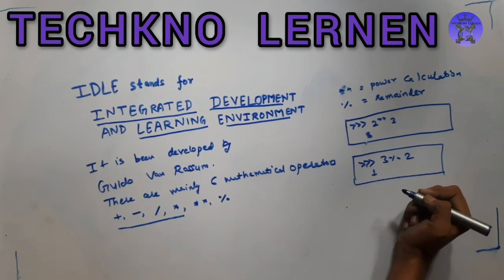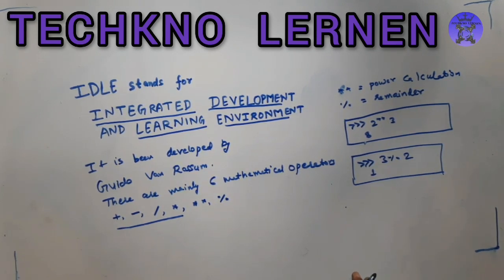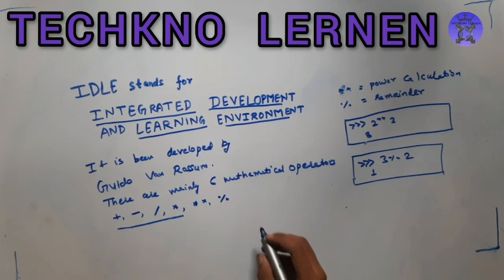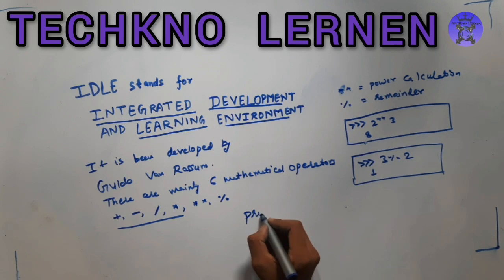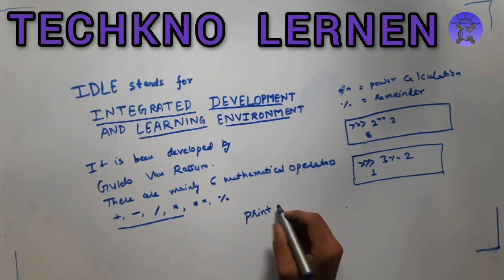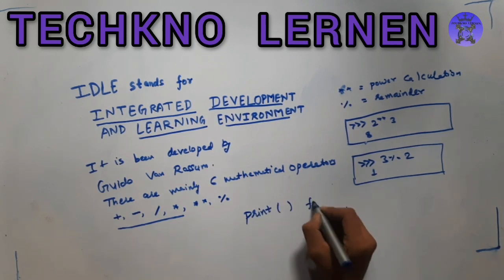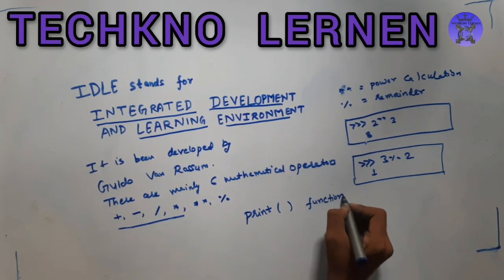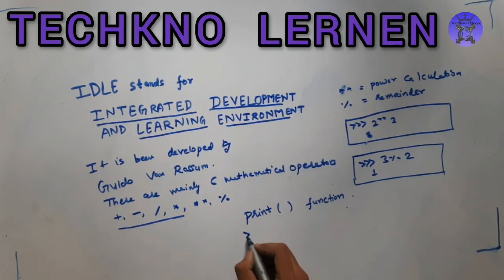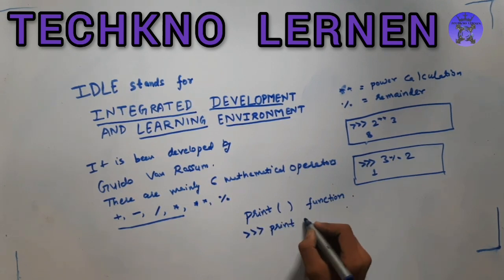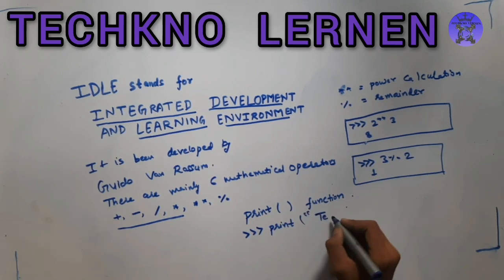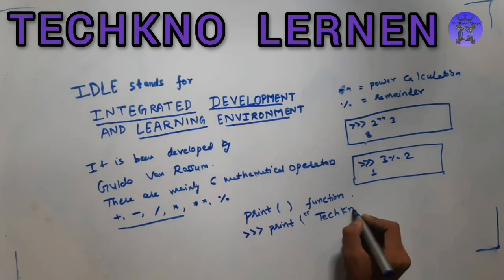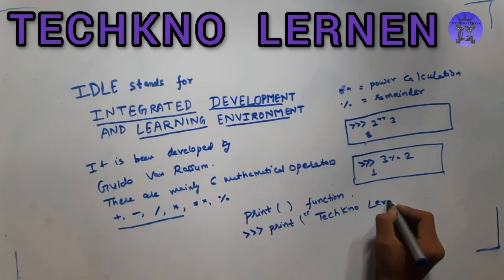So friends, now let us move toward the print function to print out anything in this IDLE command prompt. Friends, you can print anything in the Python command prompt using the print function. In the print function, you can write your command like print, parenthesis, and then double inverted commas, and let us say I write here Techno Learning.